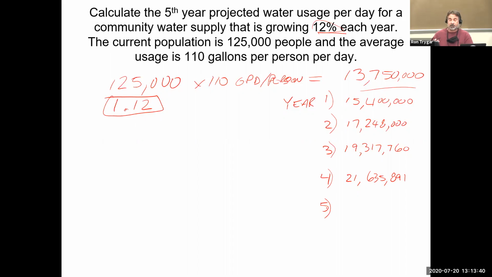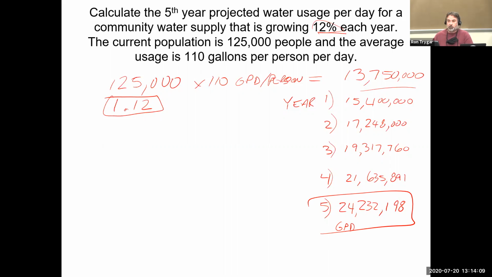And the last one, for year number 5, is our number multiplied times 1.12 from year 4, and we end up with a final number of 24,232,198. This is going to be gallons per day of flow rate from the water plant. All right, so that's our final answer. Okay, so hopefully that helps with that one.